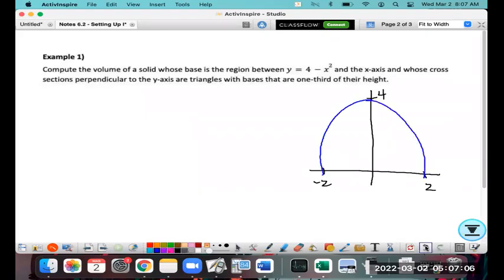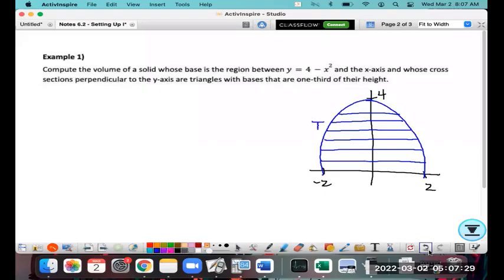Okay. And then it says that the cross sections are perpendicular to the y-axis. Okay, so that means that they are crossing the y-axis. See, I'm drawing like a perpendicular line right there. And I'm going to label these delta y.